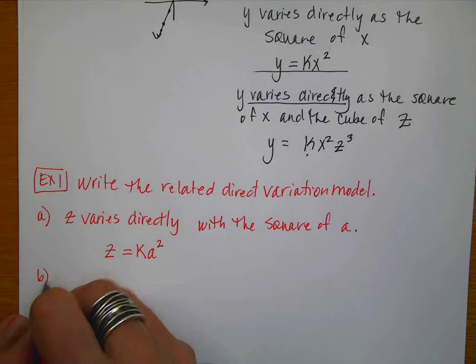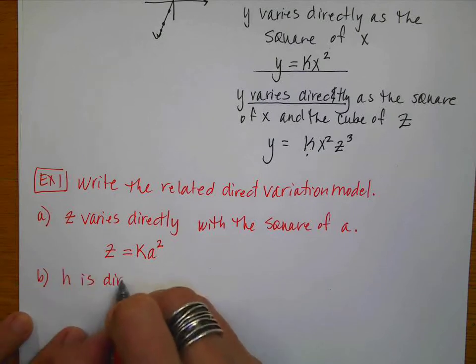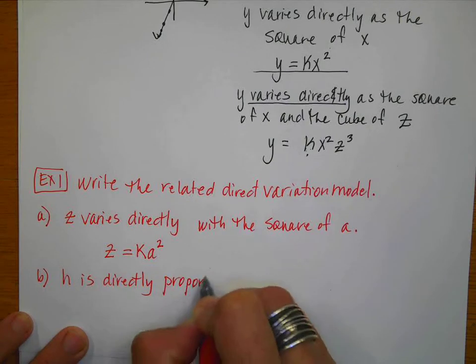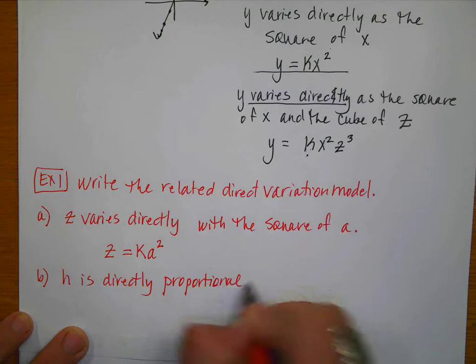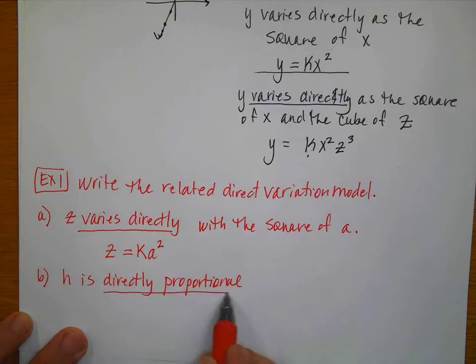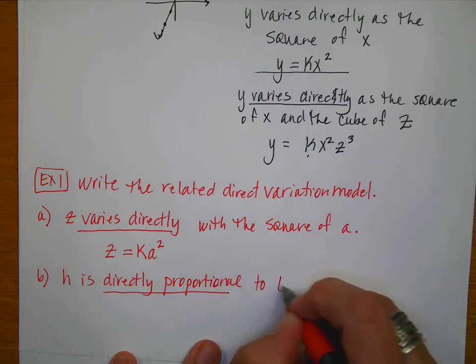That's pretty easy. B is going to say h is directly proportional to t. Notice that the words are a little bit different. So if I have varies directly and is directly proportional, that basically says the same thing.